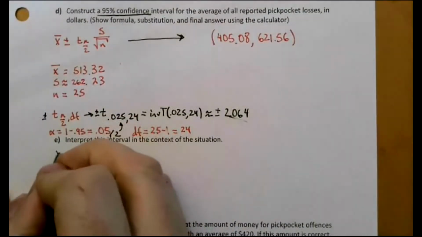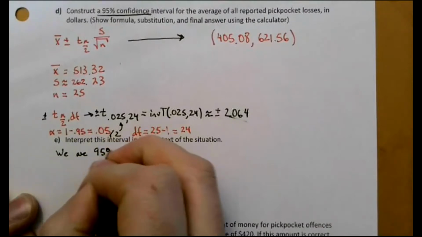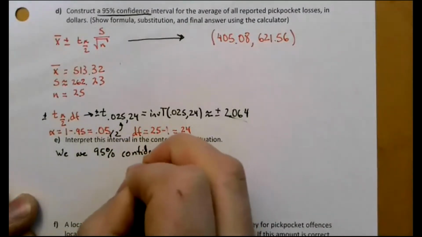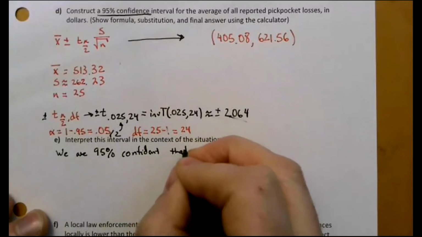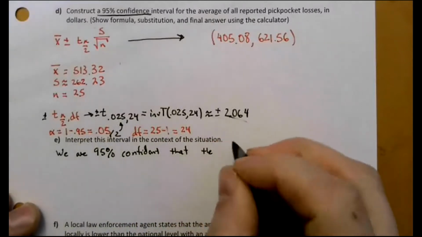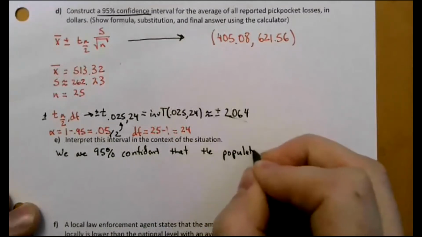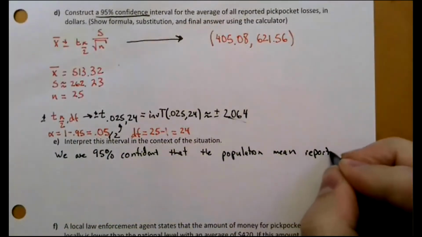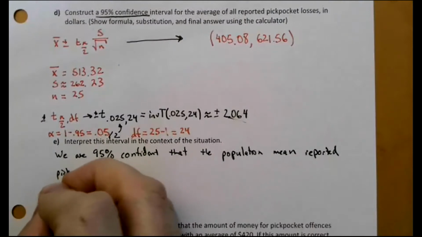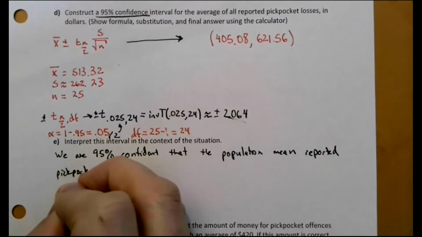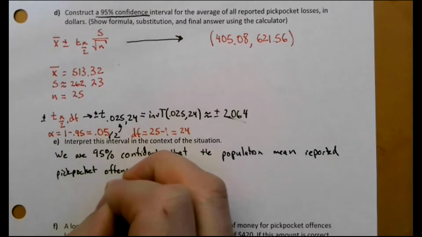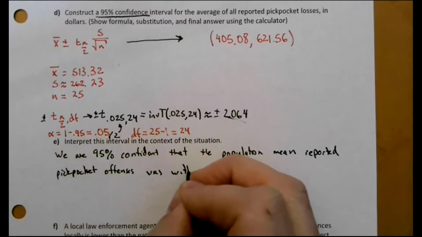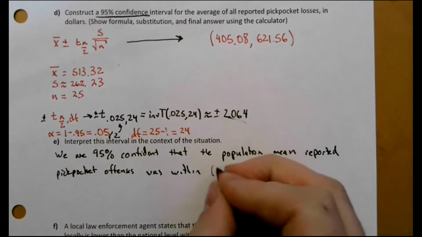So we would say we are 95% confident that the population mean reported pickpocket offenses was within this interval.